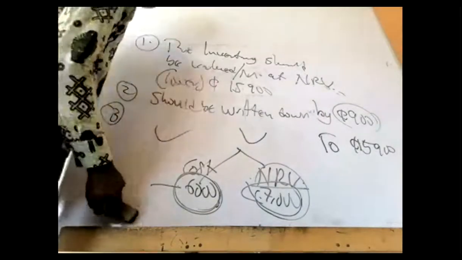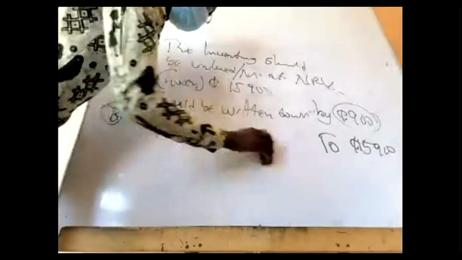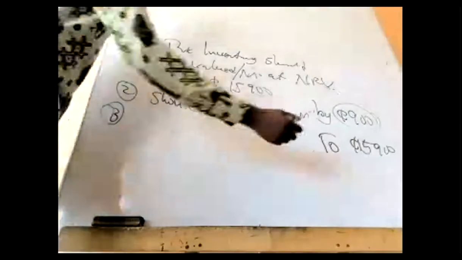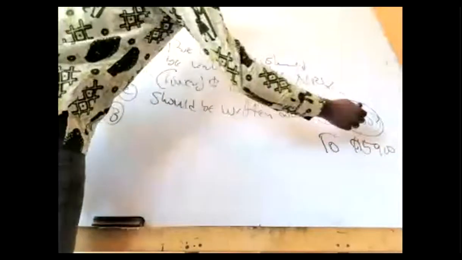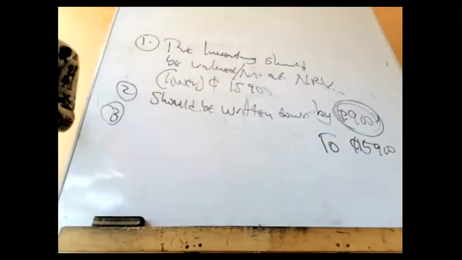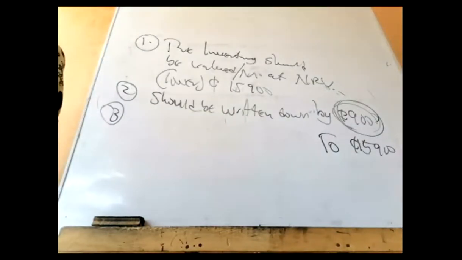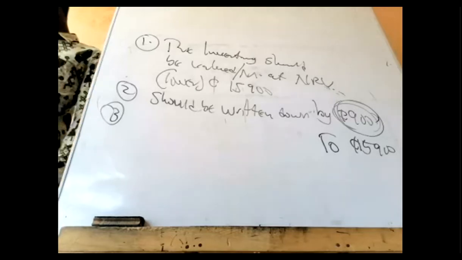Now let's look at the accounting treatment of inventory written down. How to treat this 900?